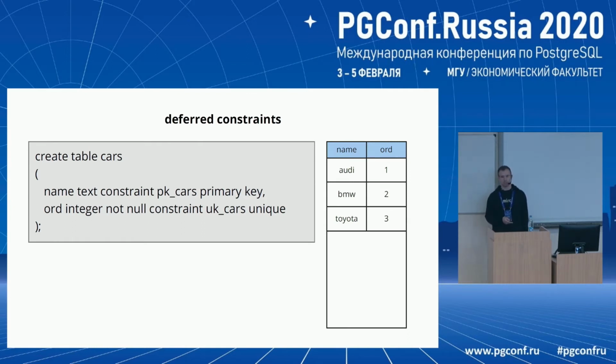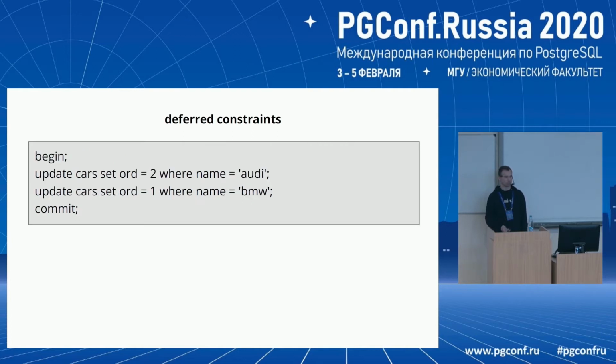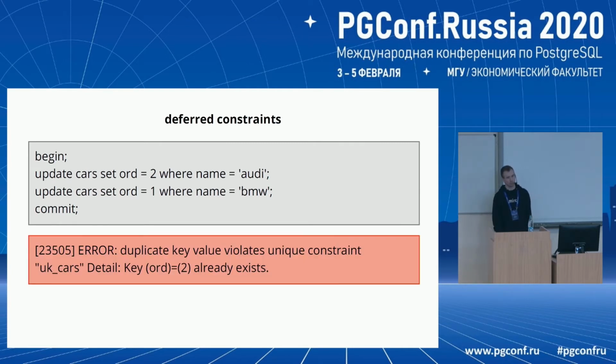If we want to swap records number 1 and 2, we can have such a solution. But obviously, there will be some errors with the constraints. What can we do? We can rewrite a query and add another update, and we will get an update through a third value, a third variable.